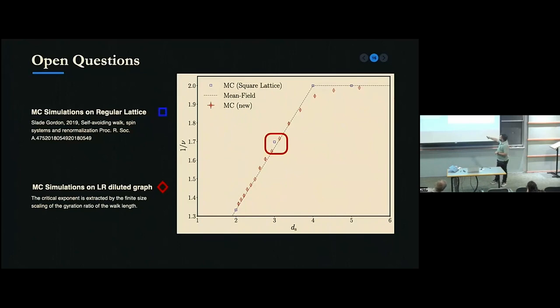You see, these are the MC simulations in the regular lattice for the same model. And this is a problem that we have investigated a lot with Andrea. And as we also state in our paper, there is a deviation. And my point is that I cannot tell you if the model that I have in mind is in the same universality class of the long range or of the nearest neighbor in an effective fractional dimension.